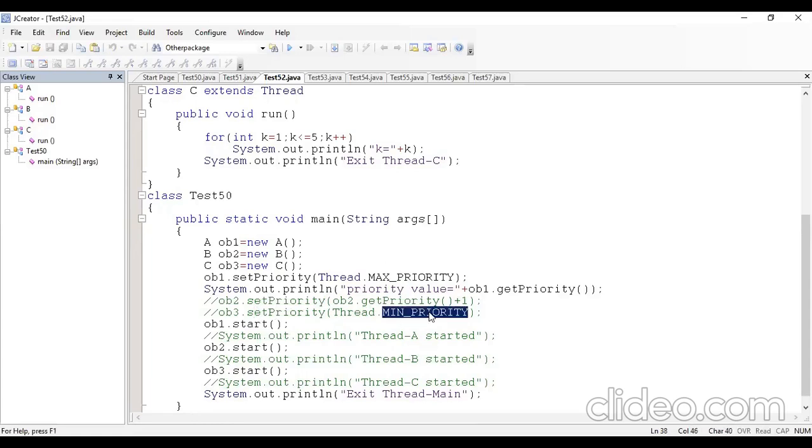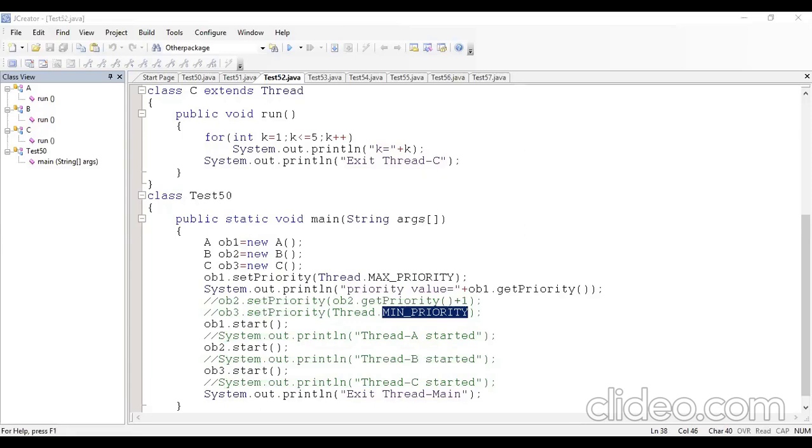So I'm commenting that part because when I'm executing this program, I'm not getting any effect regarding the priority. Why? Because nowadays a problem arises. Thread priority doesn't guarantee the execution order.